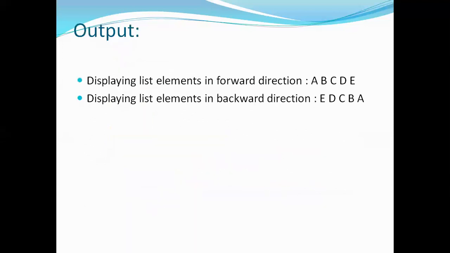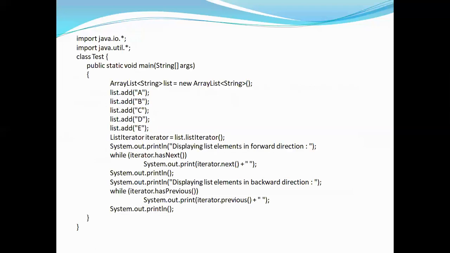So the output will be like this. Displaying list elements in forward direction is A, B, C, D, E, and in backward direction it is E, D, C, B, A. So this is about list iterator. So in this session, we have seen what iterator is used for. Basically, it is used to display all the elements of any Java collection framework collection, like our normal for loop.